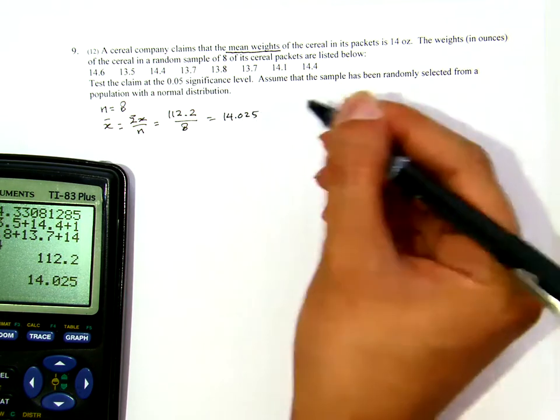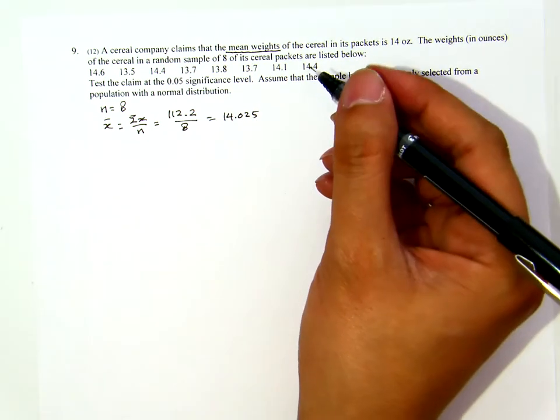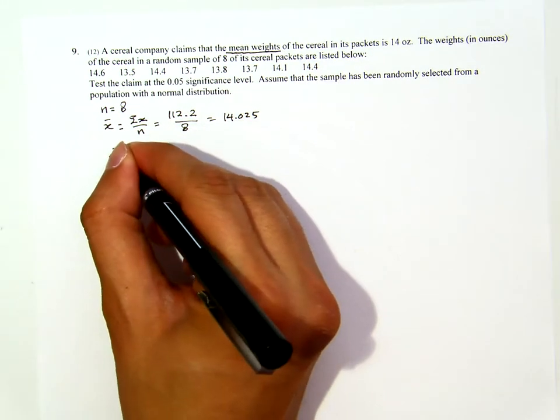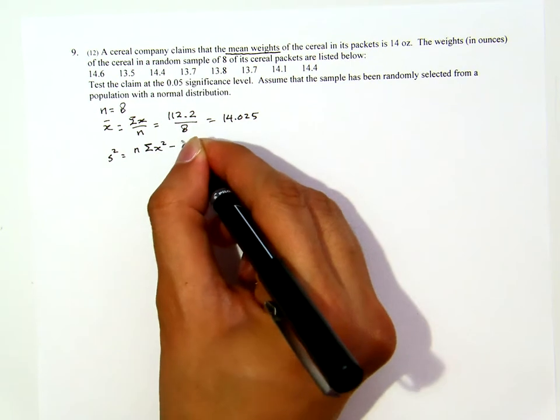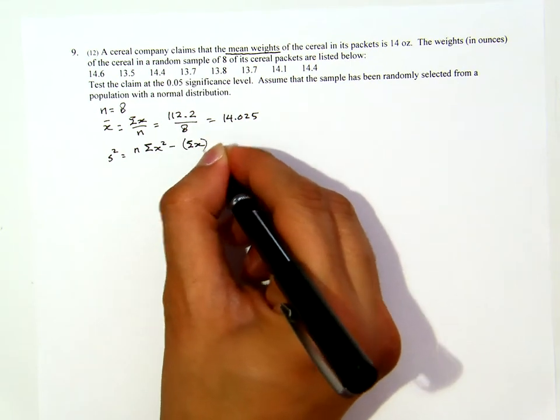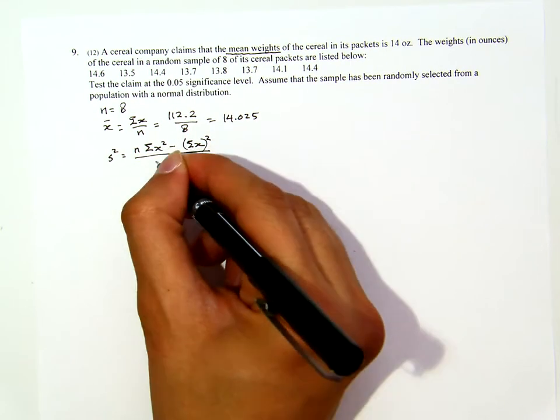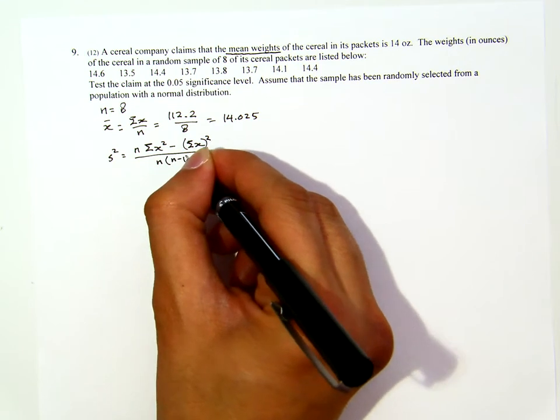14.025. Now, the sample's variance, on the other hand, equals n times the sum of x squared minus the square of the sum of x, over n times n minus 1.